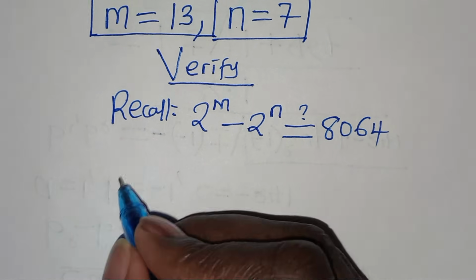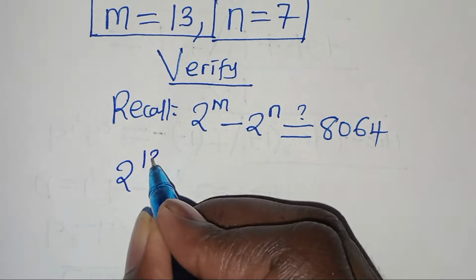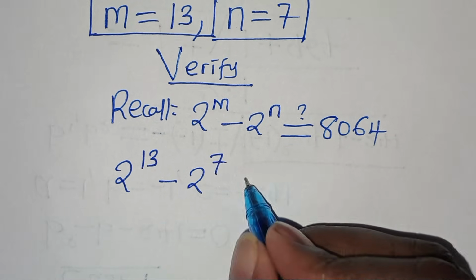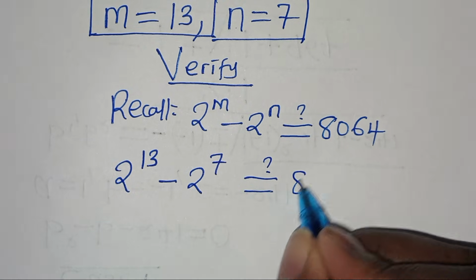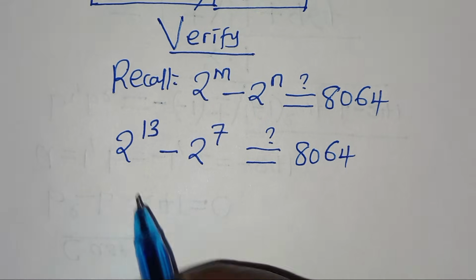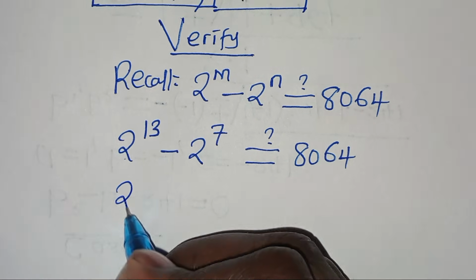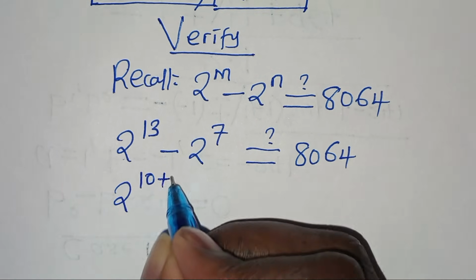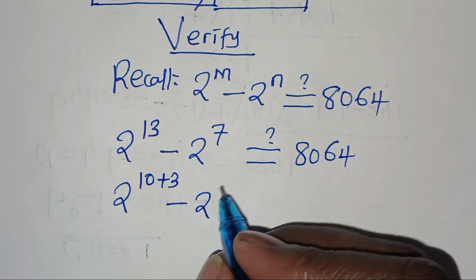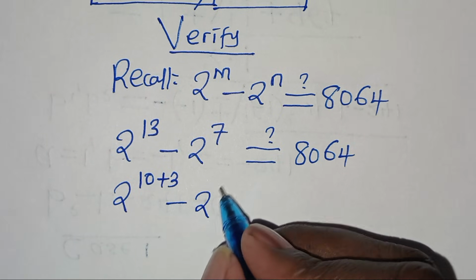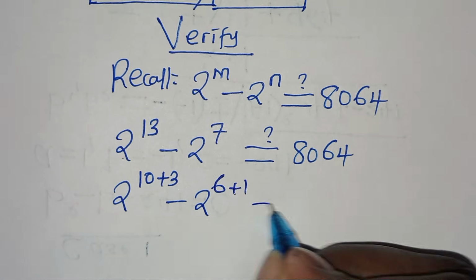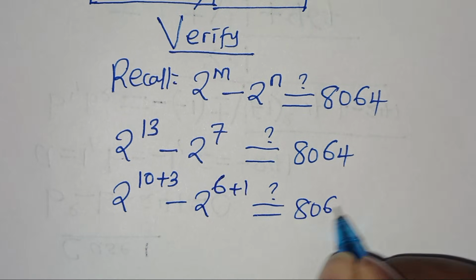So this is 2 to the power of 13 minus 2 to the power of 7. We can express 2 to the power of 13 as 2 to the power of 10 plus 3, then minus 2 to the power of 7, which is the same thing as 6 plus 1. This should give us a value of 8064.